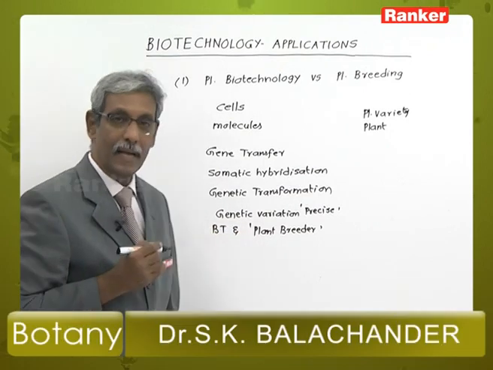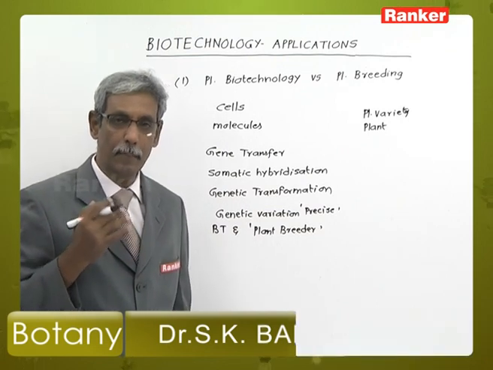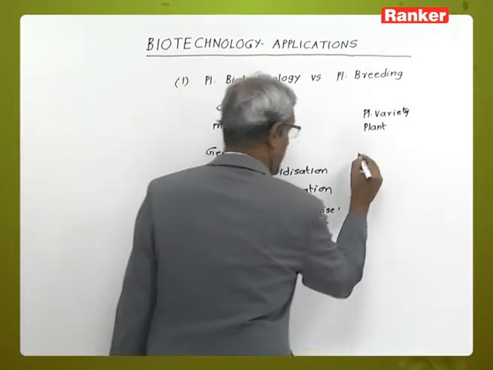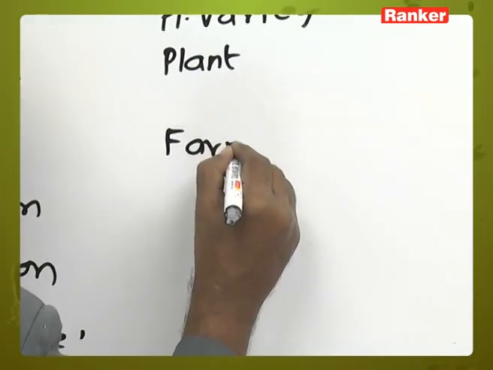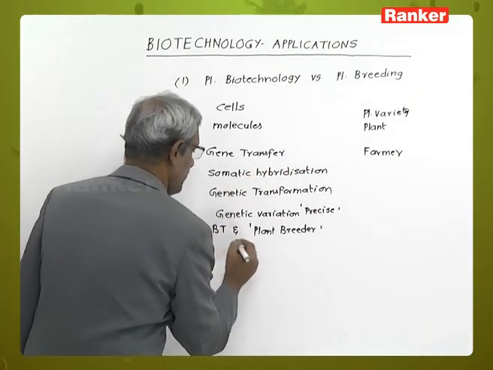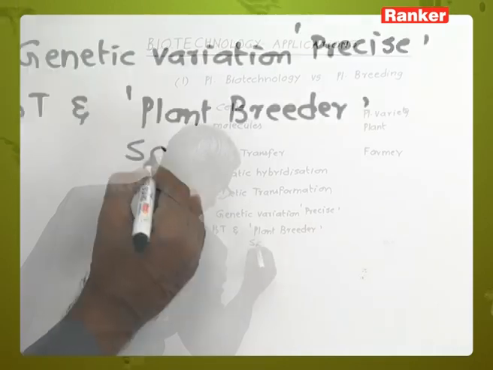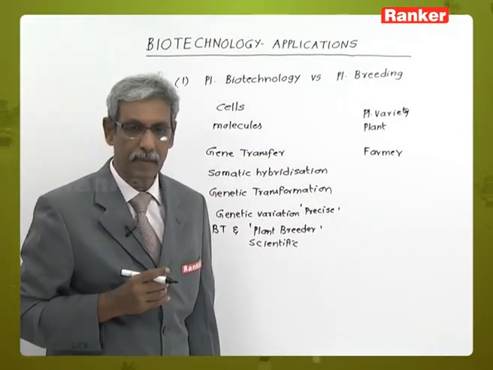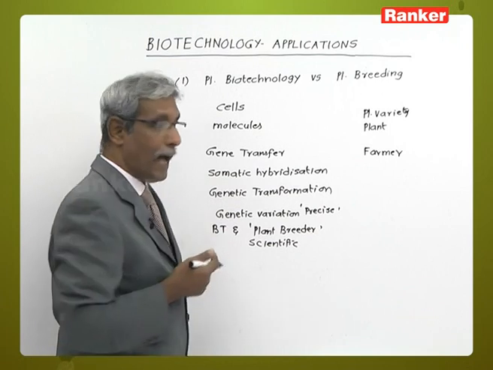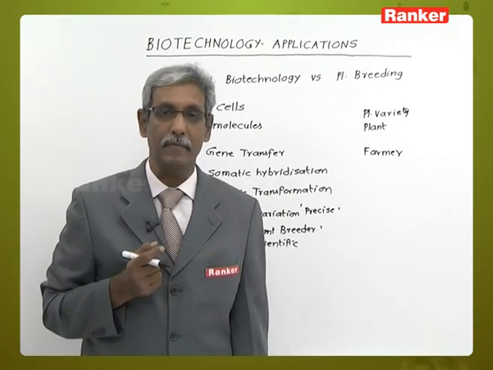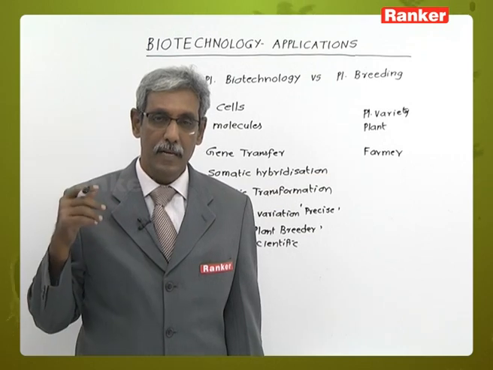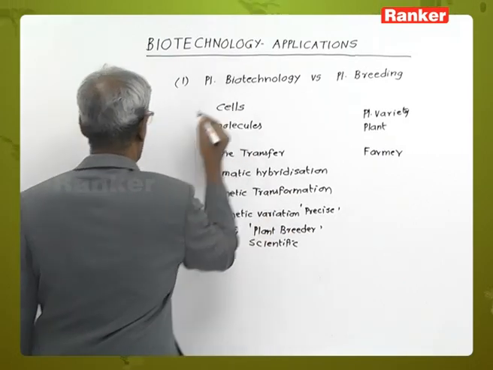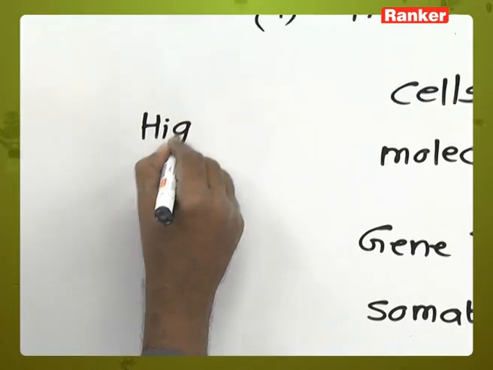Biotechnology and plant breeding together are a very important concept if you want to improve food quality. When you are dealing with plant breeding, we are only talking in terms of a farmer. Biotechnology, which includes a plant breeder, is more scientific. It is highly sophisticated, because we use PCR, cloning vectors, a competent host, and specific restriction enzymes.